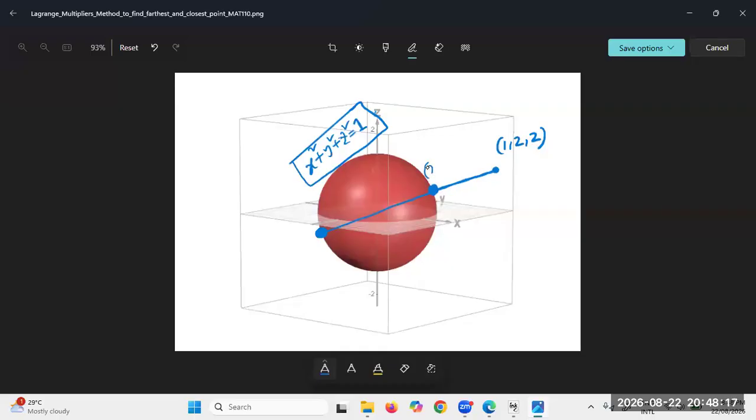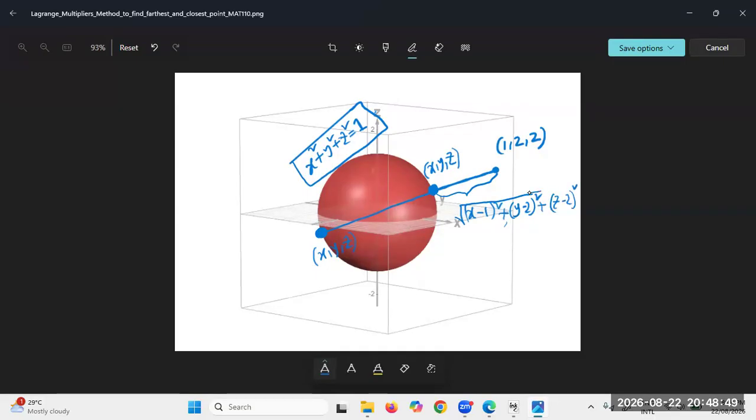So let's say this point is x, y, z. The coordinates of the closest and the farthest point are x, y, z. So the distance between these 2 points is the square root of the difference of x quantity x minus 1 square, the difference of y quantity y minus 2 square, and the difference of z quantity z minus 2 square.